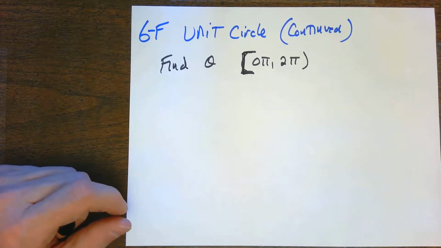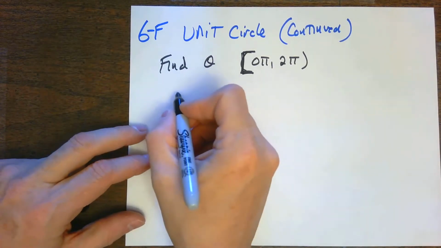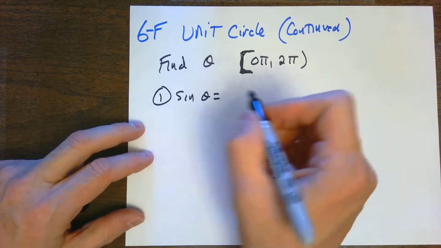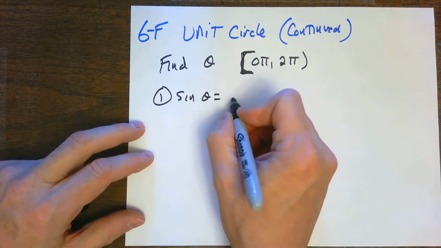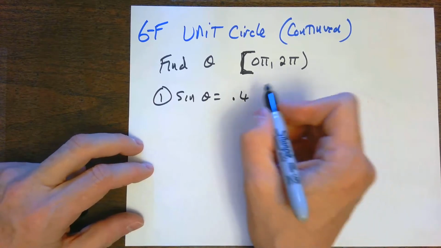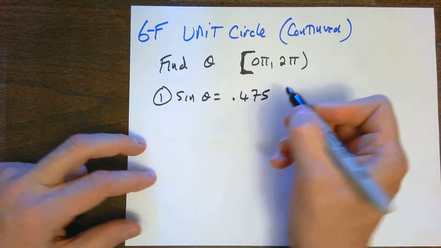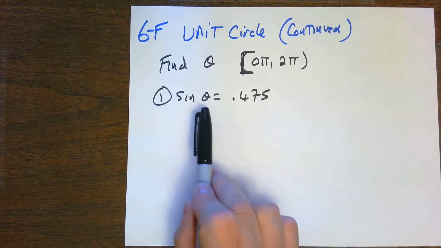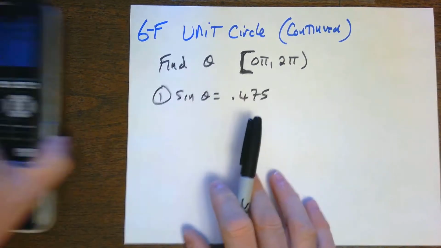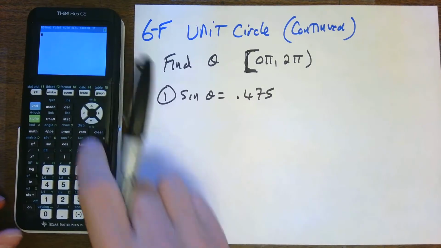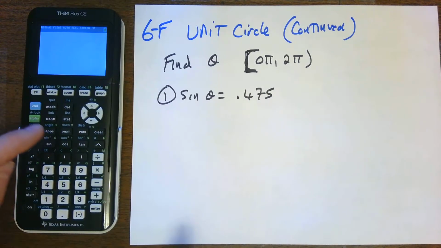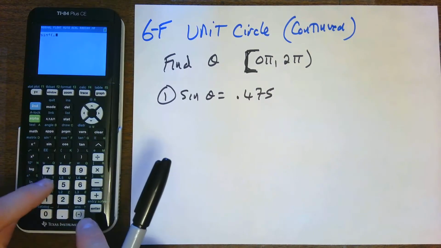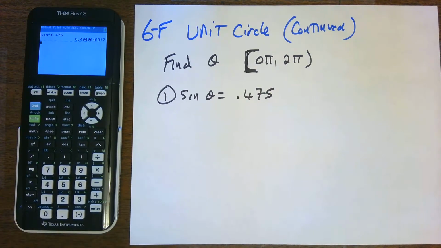So let's take a look at an example. Find theta if the sine of theta is 0.475. I want to find the angle, so I could very quickly use the inverse sine on my calculator, the arc sine of 0.475.